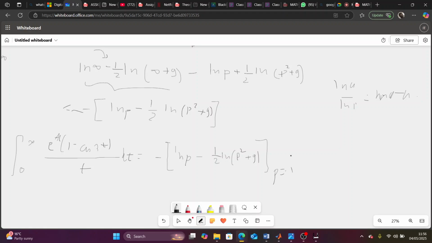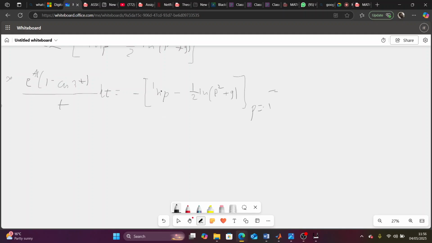So for the final solution, we simply substitute negative 1 into our function, then we have the answer: ln of negative 1 over negative 1 square plus 9. We close like this. Any question, my brother? No. Can we move to the next one?